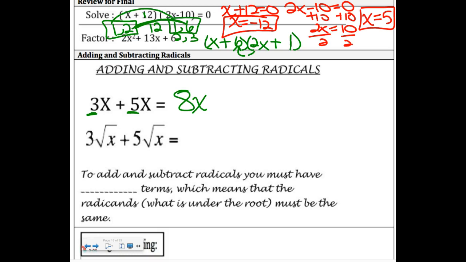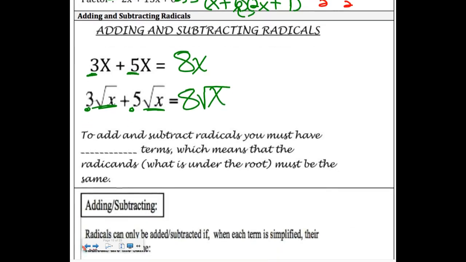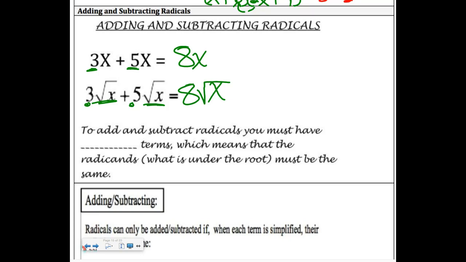Same with down here. I notice these both have a square root of x. So therefore, we're going to add our two front numbers. I'm going to take this 3 plus this 5, and we are going to have 8 square roots of x. So again, we're really just doing stuff with that number in front. The stuff in back, we don't really do anything with. So today, to be able to add or subtract radicals, reminder, radicals means square roots.